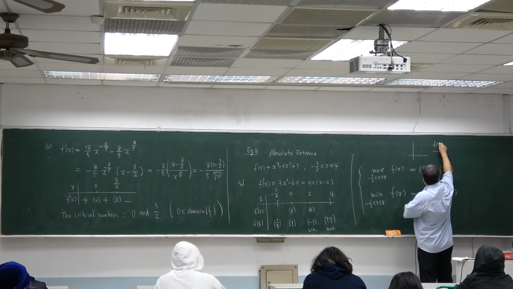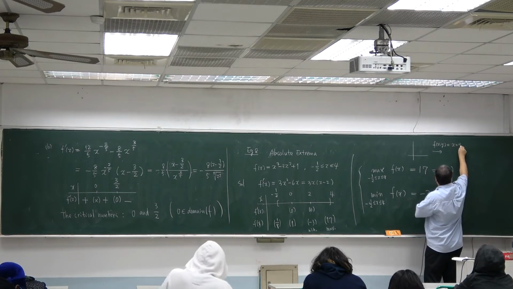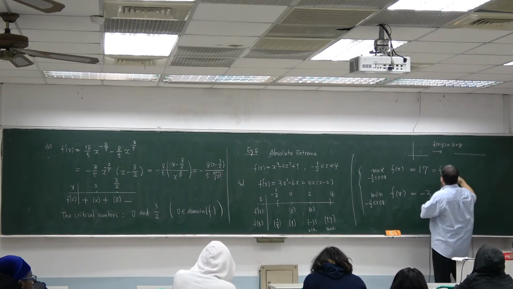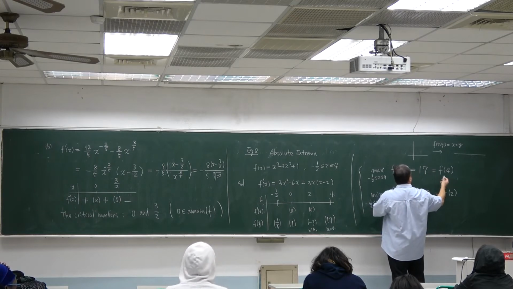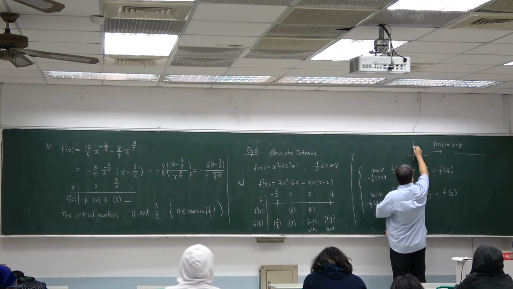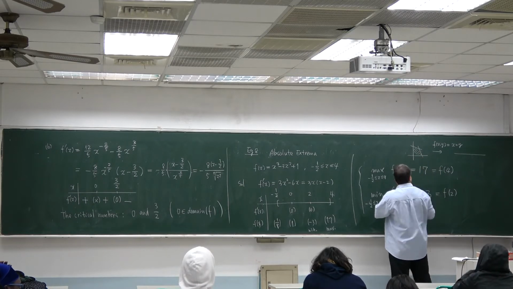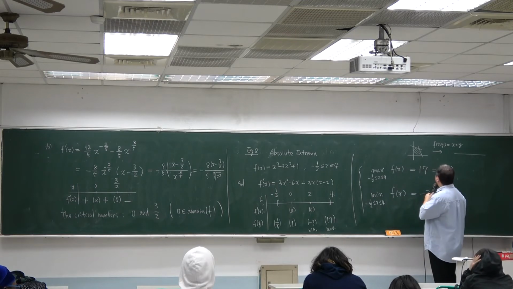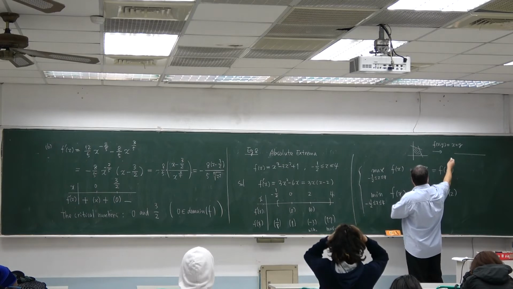In high school, you have learned linear programming of two variables. An objective function looks like, for example, x plus y. And the admissible set maybe looks like this. You want to find an optimal solution to this problem.